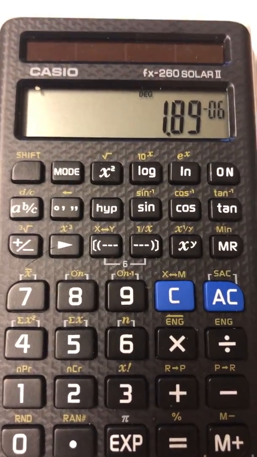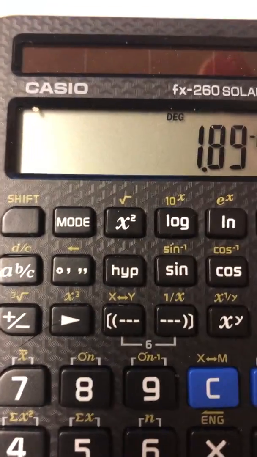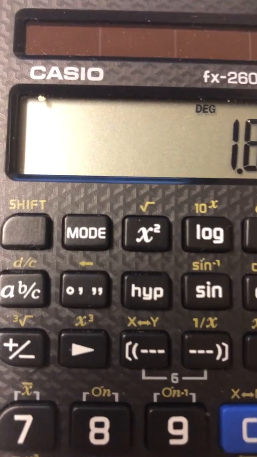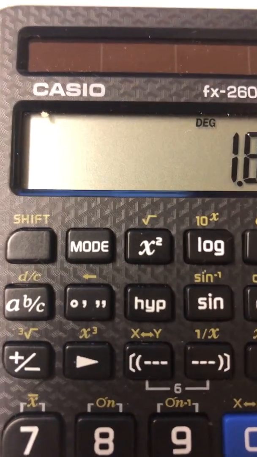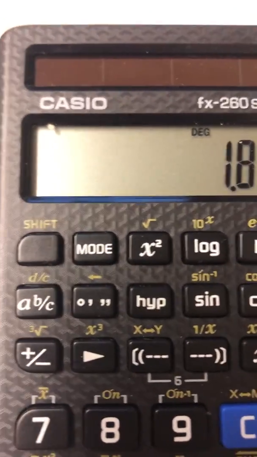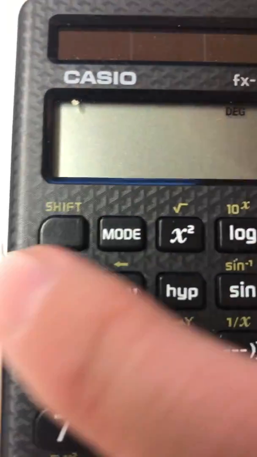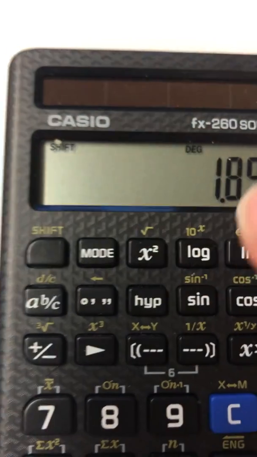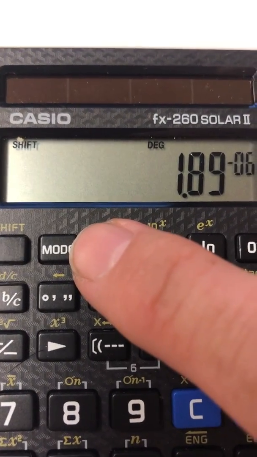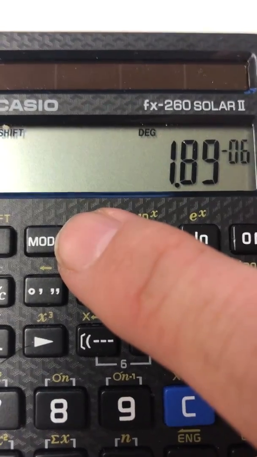If you want to find the square root, you need to use the square root button, which is the same as the squared button, but it's written on top in a smaller yellow font. What you need to do is first push Shift, then push this x squared, which means you're going to use the function on top.